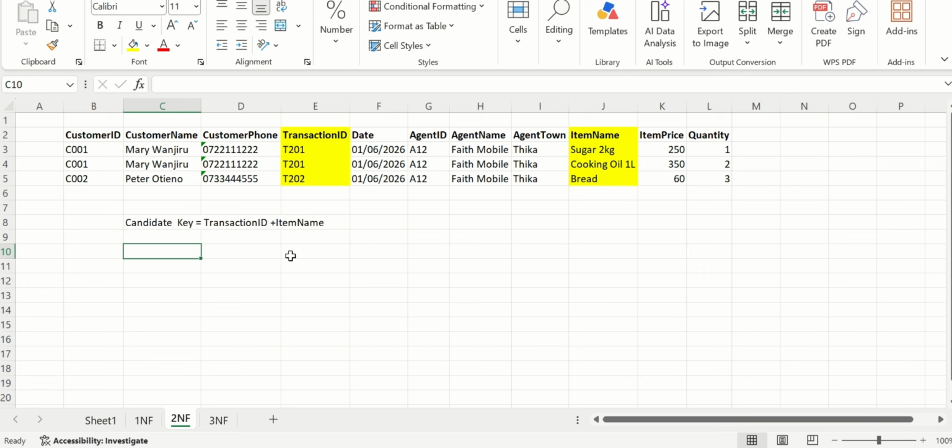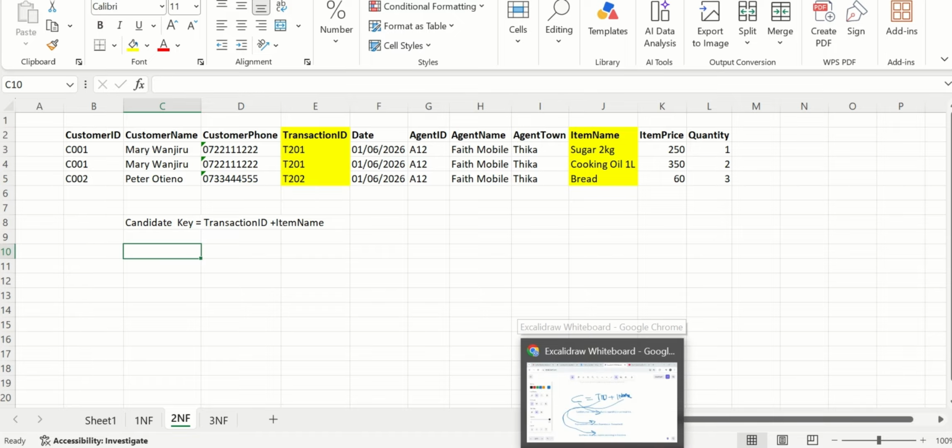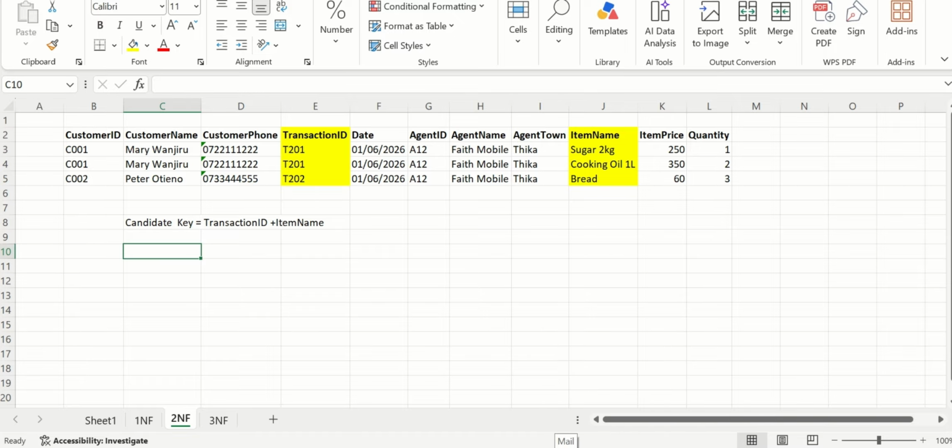Therefore, we have customer ID, customer name, customer phone. So in that case, now let's start splitting this.